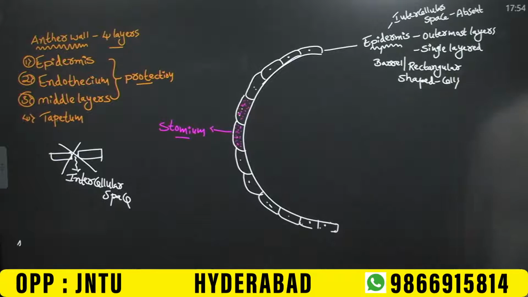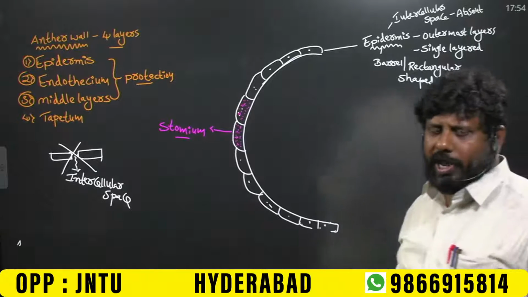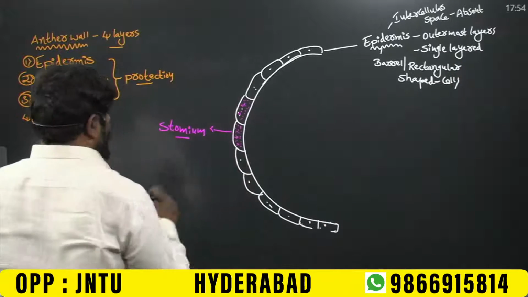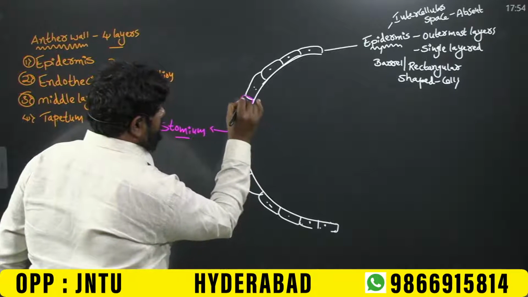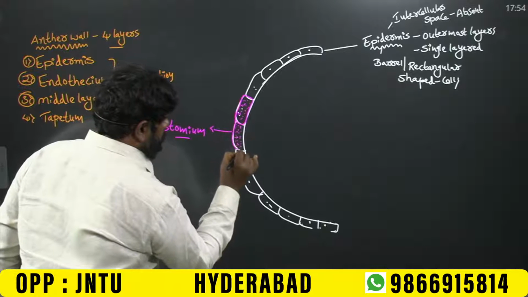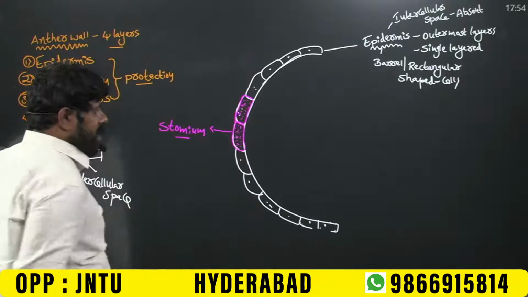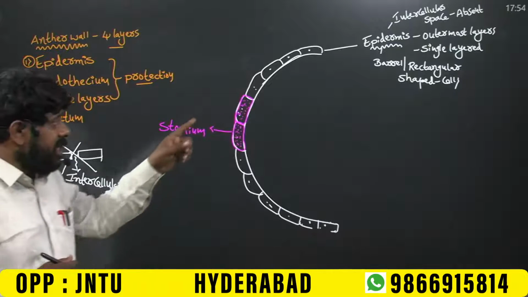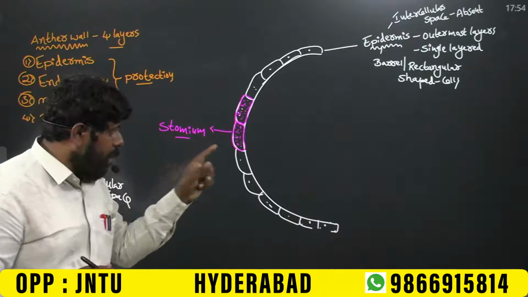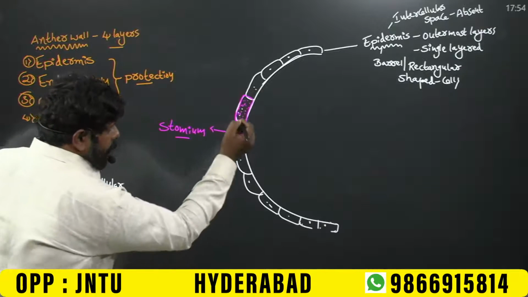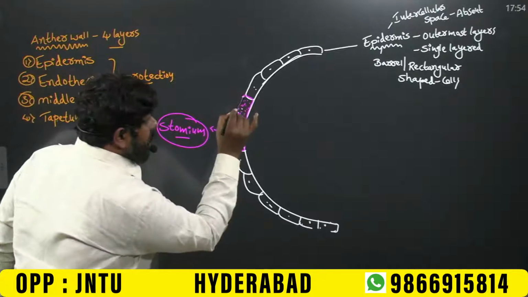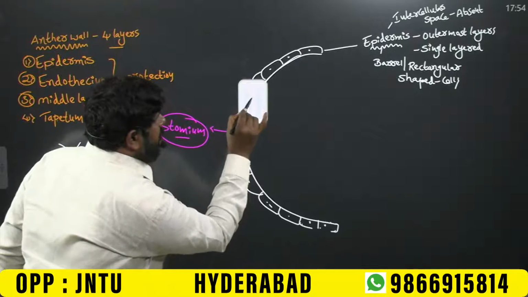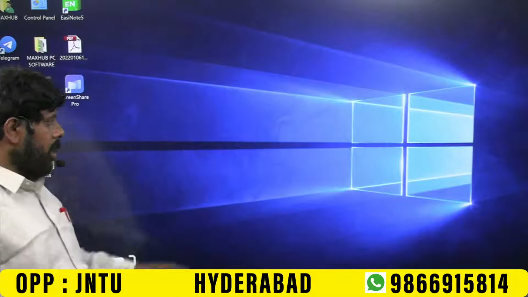The epidermal cells which are present in the stomium region consist of thin cell wall compared with other cells.